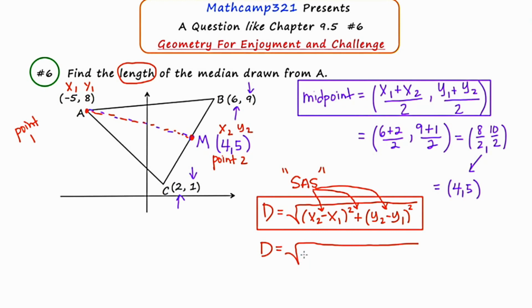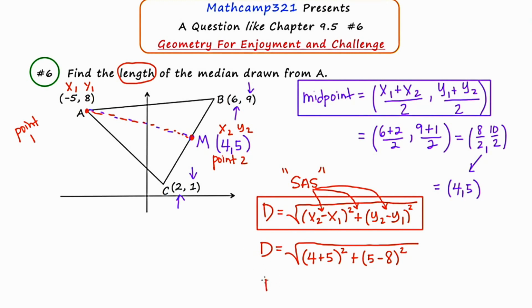The formula says x sub 2 minus x sub 1. So that's going to be 4 minus a negative 5. Now you have to remember from algebra that subtracting a negative really means to add. So instead of 4 minus negative 5, it's 4 plus 5, then squared, plus y sub 2 minus y sub 1, which would be 5 minus 8, then squared.